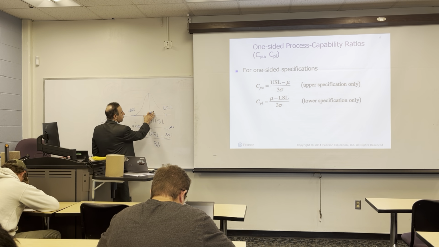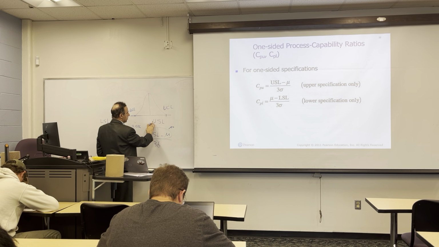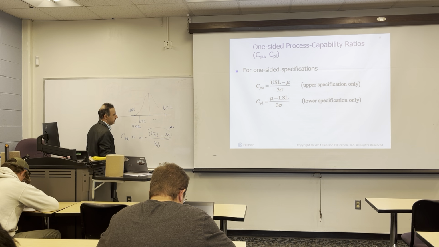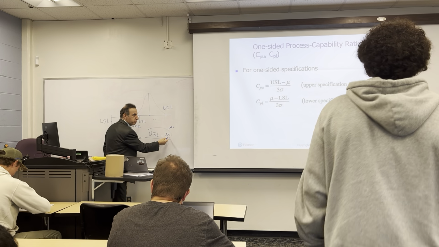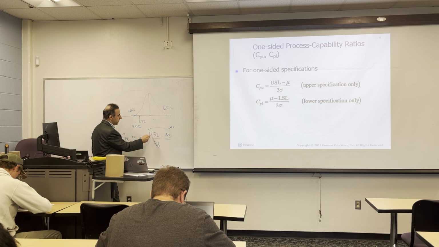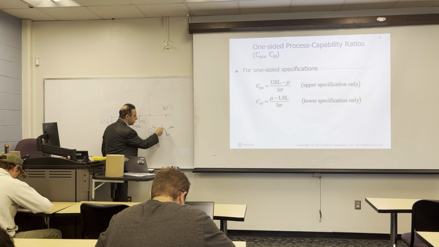But if you move this further this way, I'm going to draw the USL here. Your mu is larger, USL is smaller. Let's say this is 5, this is minus 10.